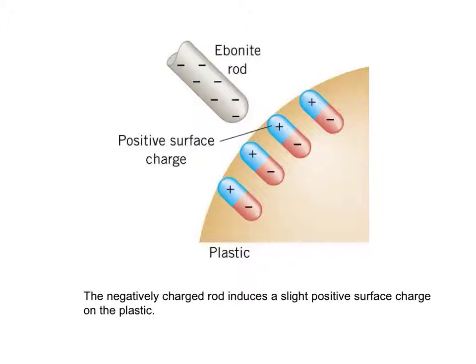So remember, induction: charging a conductor by bringing an object nearby. And then finally there is polarization, where you have a realignment of charge in an insulator. So remember, polarization deals with insulators, and it's like an ebonite rod attracting paper or being attracted to a wall.